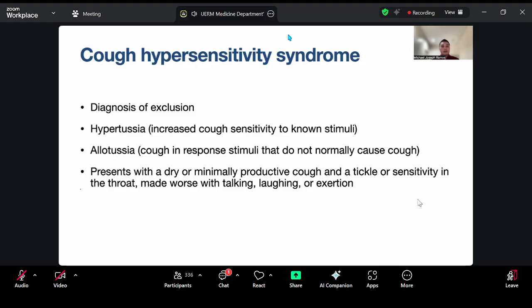They may have hypertussia or increased cough sensitivity to known stimuli, or allotussia or cough in response to a stimulus that does not normally cause a cough. Patients will typically complain of a dry or minimally productive cough, a tickling, irritating sensation in the throat, and the cough can be triggered by laughing, deep breaths, cold air, prolonged talking, or exertion.